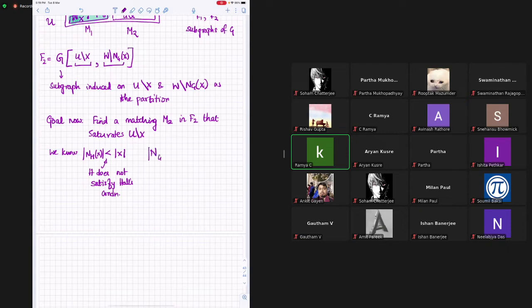So what can you say about these two quantities? What is the inequality that I must write here? Somebody else who hasn't answered so far, I don't want to recall him. Please unmute and answer. You know that G satisfies Hall's condition, so what should be this inequality here?